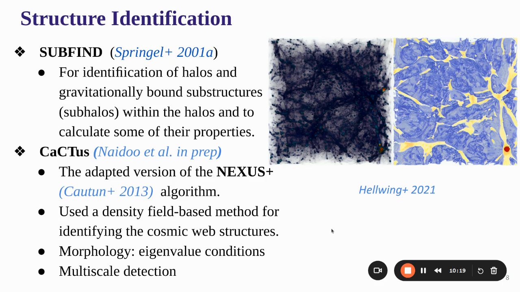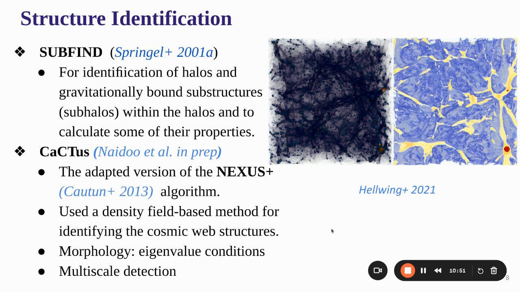If we have three eigenvalues, and all three of them are less than zero, that region is assumed to be a node. If two of the eigenvalues are less than zero, it assumes that region is a filament. If one of the eigenvalues is less than zero, it assumes that region is a wall, and the other regions, which are not classified into any of these, are assumed to be voids.